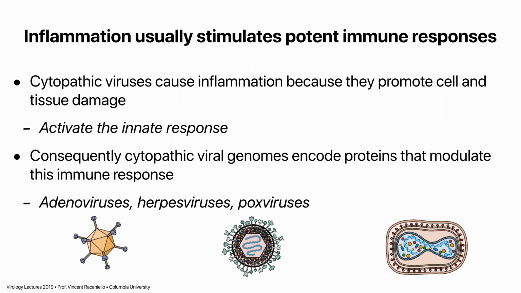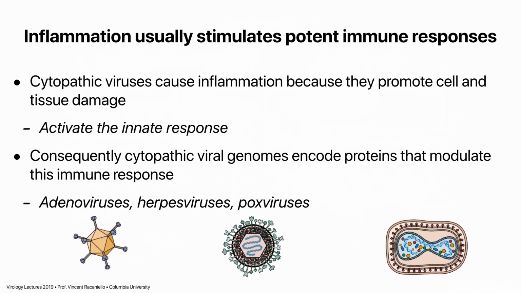Now, I've said lots of nasty things about inflammation, but it's actually good because it stimulates a strong immune response. And viruses that kill cells, what we call cytopathic viruses, they cause inflammation because they're killing cells. The cells are releasing viral proteins and nucleic acids. They're being recognized by dendritic cells, brought to the lymph node, and the dendritic cells are making cytokines as well.